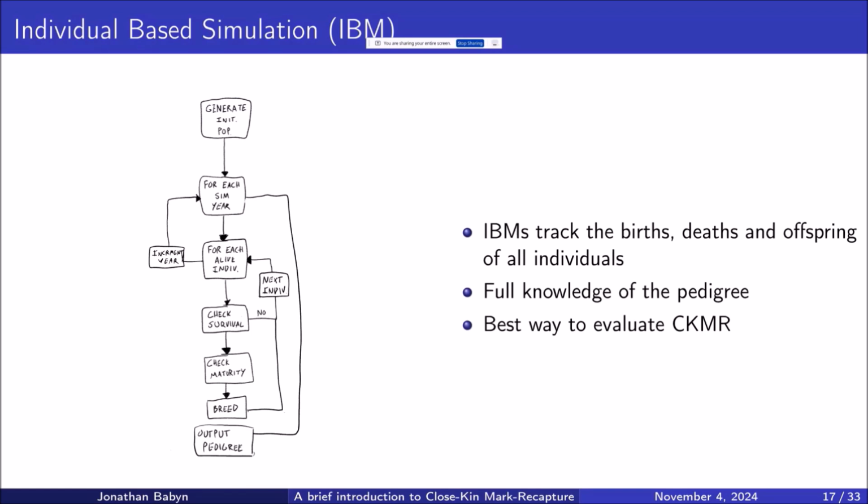And so these individual-based simulations basically just operate as nested for loops, checking if individuals succeed in their roll to survive or become mature, etc. So the general process, which you'll see a simple example of later today as well: we start with some sort of initial population. Then for each simulation year, for each of the individuals that are alive that year, we check if they survive to the next year.